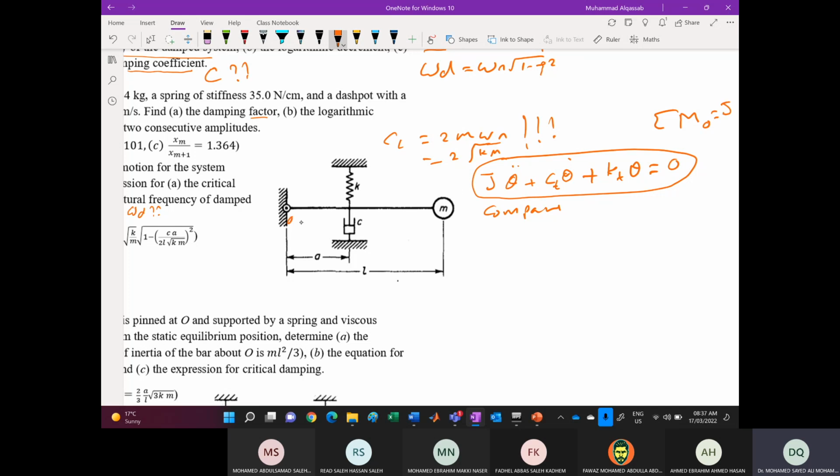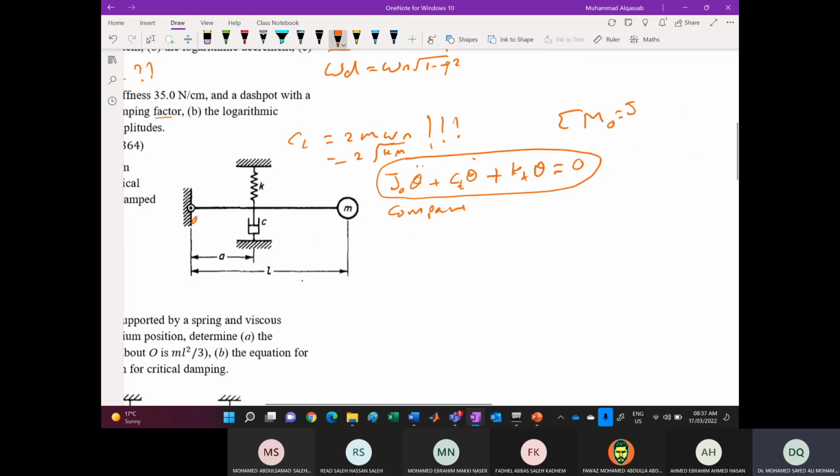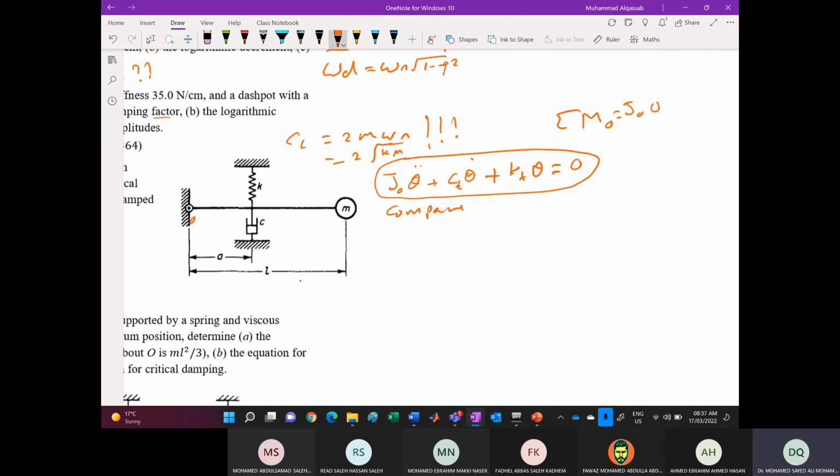If you call this point O, then you need to use sum of moment about O equal to J_O theta double dot. And then you compare with theta double dot plus 2 zeta omega n theta dot plus omega n square theta equal to 0, after we divide by J_O. You have to compare with this.